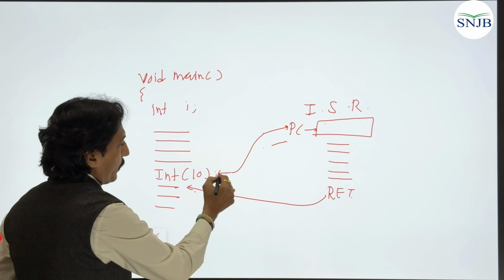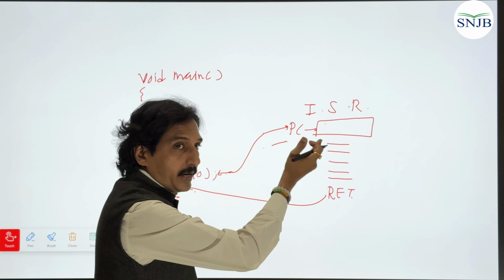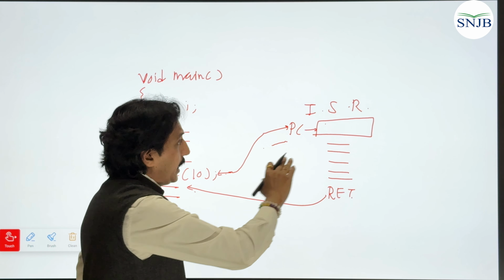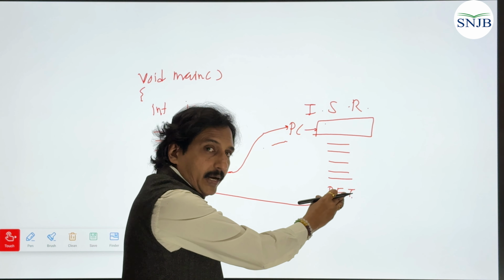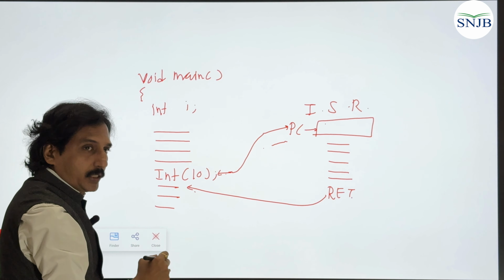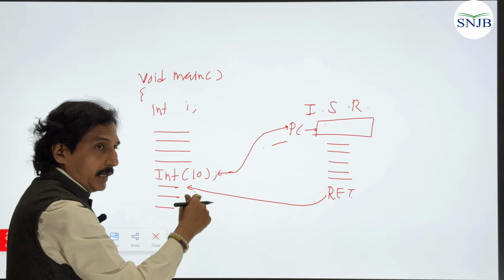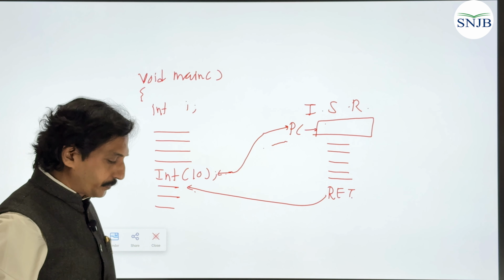Within the main program, if an interrupt has been asserted, then it goes to the interrupt service routine written for that particular interrupt. It executes that routine, and once it finds the return from that interrupt service routine, it again comes to the next location after where the interrupt was called. So this way an interrupt is handled.